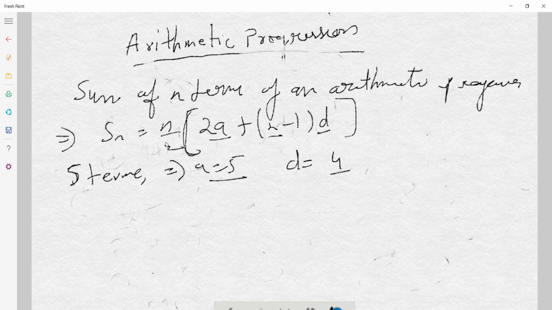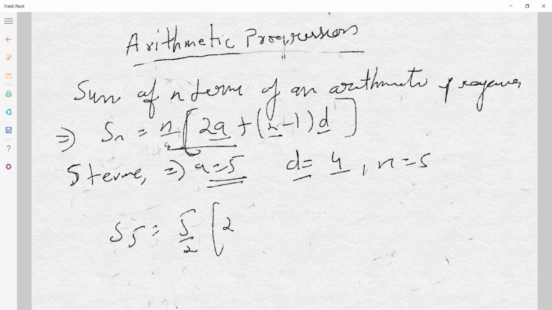It's pretty simple. Here n equals 5 because we need to find the sum of 5 terms, and we already know a and d, so we use this equation. S of 5 equals 5 by 2 times (2 times 5 plus (5 minus 1) times 4).